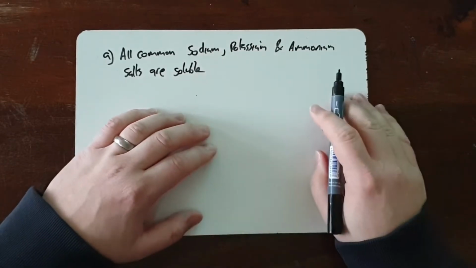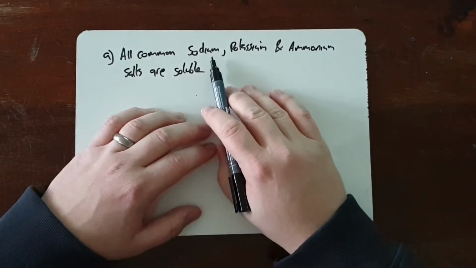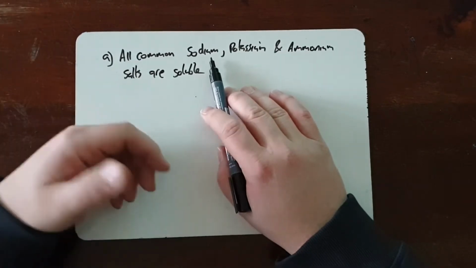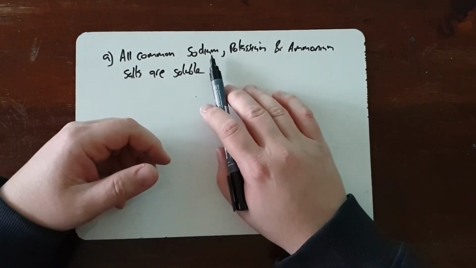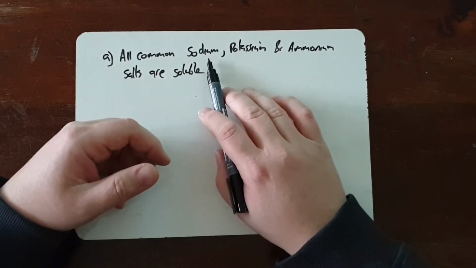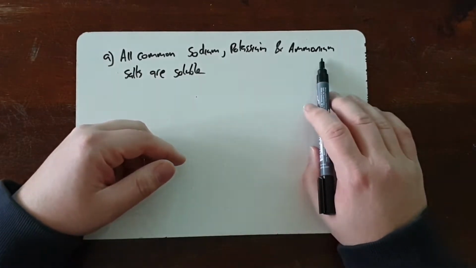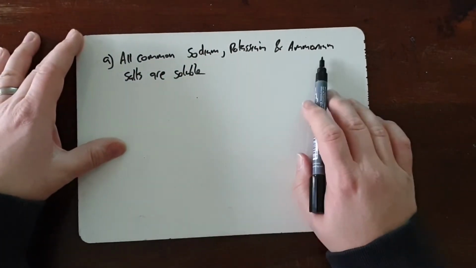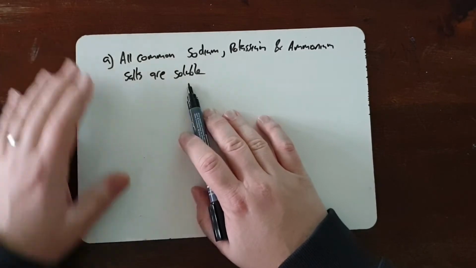So it doesn't matter what the second part is. So sodium chloride, sodium bromide, sodium fluoride, sodium nitrate. Doesn't matter what the second part of the salt is. If it's got sodium as the first part, same for potassium, same for ammonium. So ammonium chloride, ammonium nitrate, whatever. All of these, they're soluble.